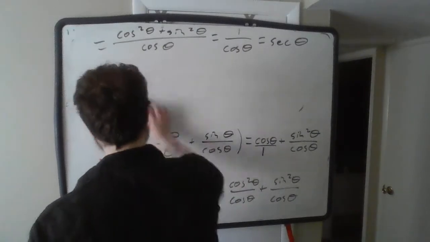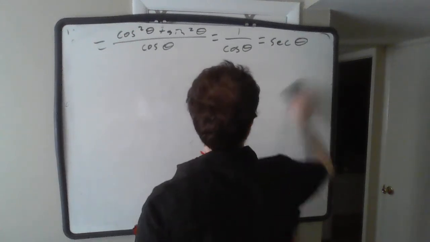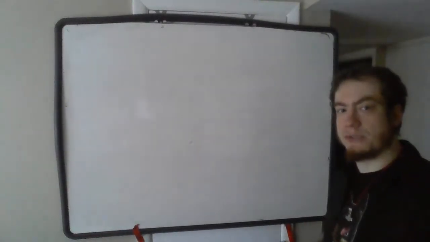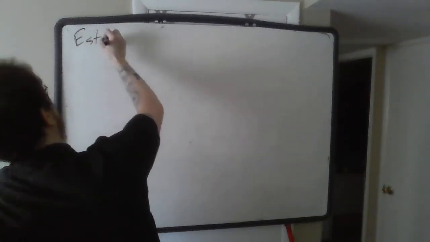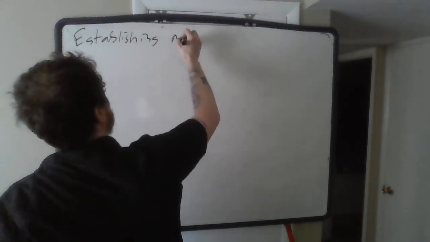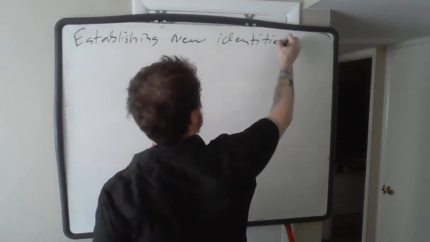Now, in addition to just simplifying expressions, there's another type of problem that we can consider, which really involves a lot of simplifying, but it is a little bit different. And this is establishing new identities for the trig functions.